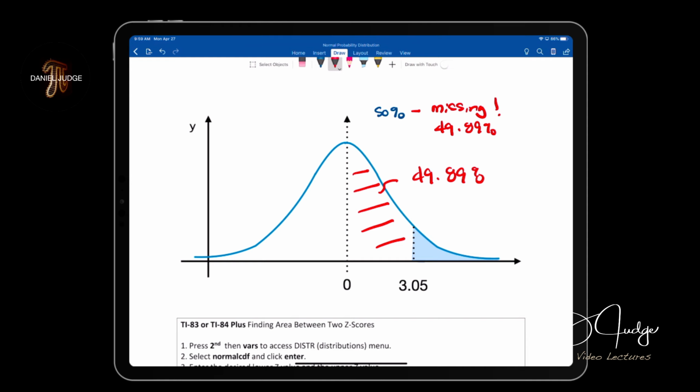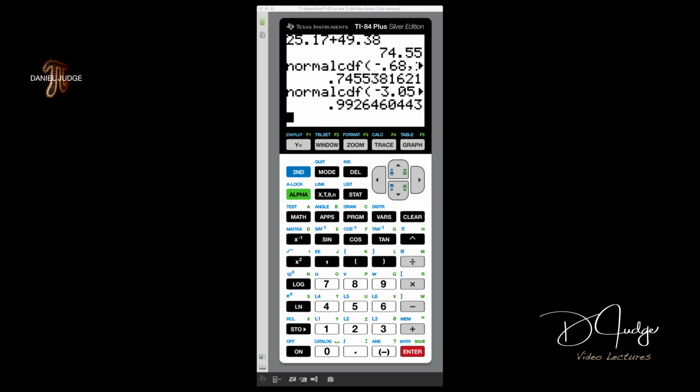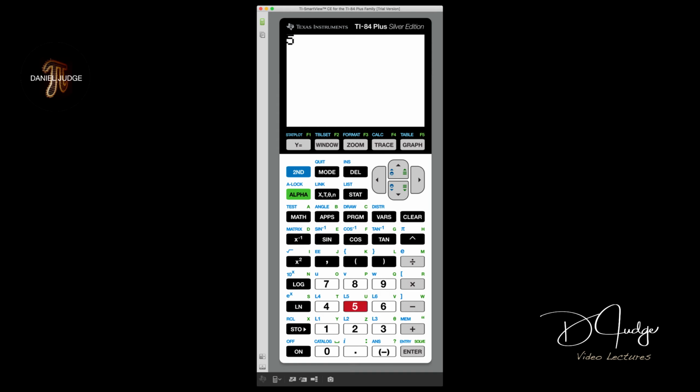So I take 50 minus 49.89, and this isn't adding. This is subtracting, ladies and gentlemen. So go to the TI and say, okay, TI, 50% minus 49.89%. Hit enter.